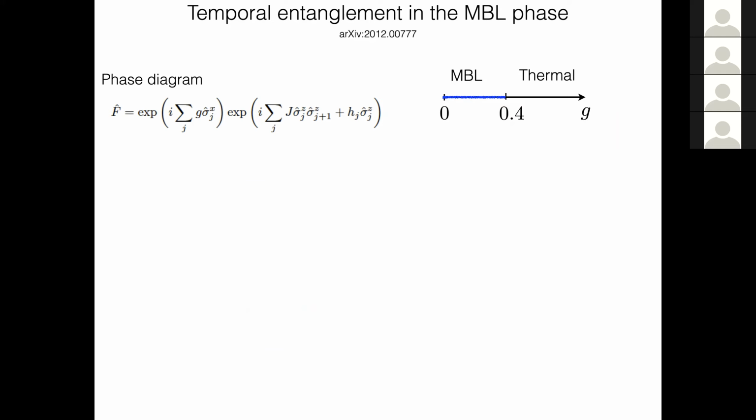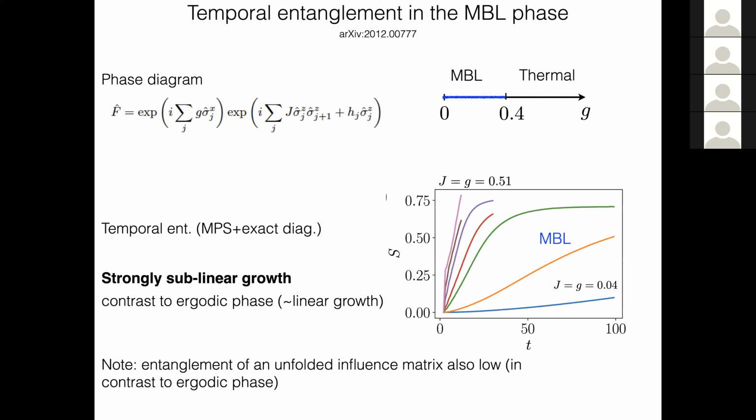So the phase diagram looks as I described. If G and J are sufficiently small, you're in the MBL phase; if they're larger than the threshold, which in this case is at about 0.4, you go to a thermalizing phase. And we've implemented the MPS algorithm to find the solution for the eigenvector of the disorder averaged transfer matrix.